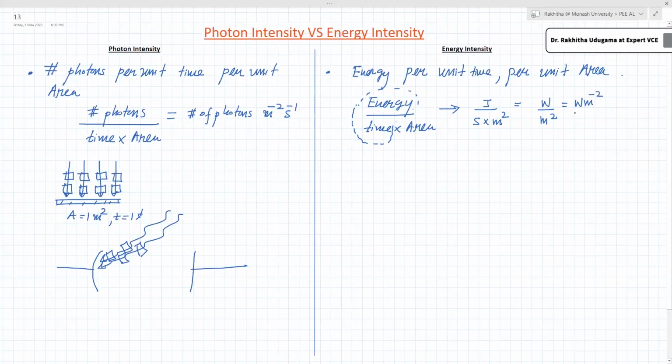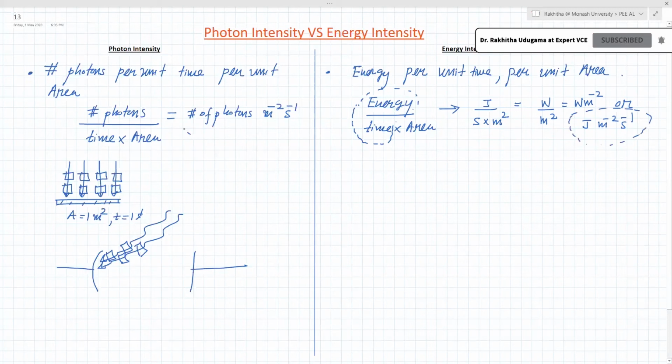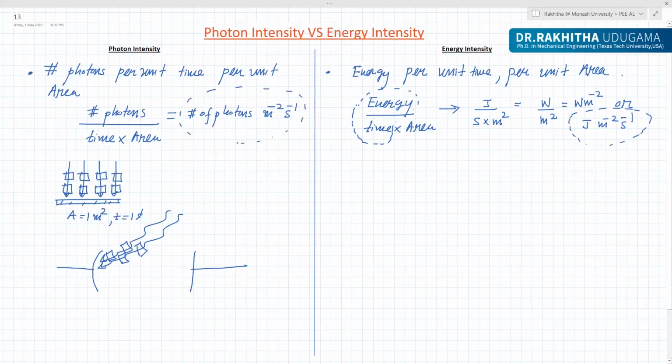This is called energy intensity. So please be aware of it. Now compare this unit with the unit we obtained here. It looks similar, an easy concept, but they might trick you in this way.